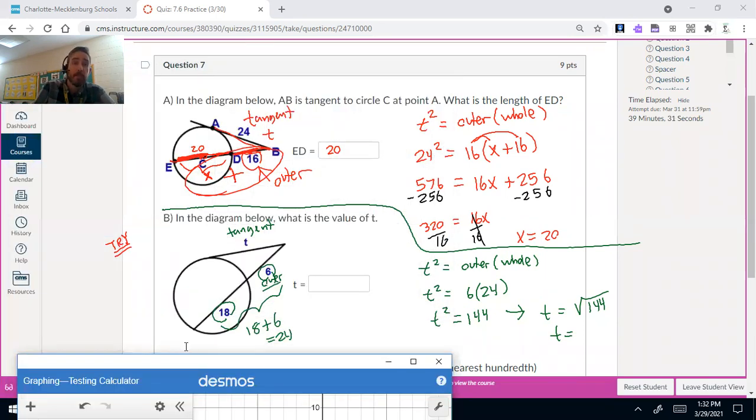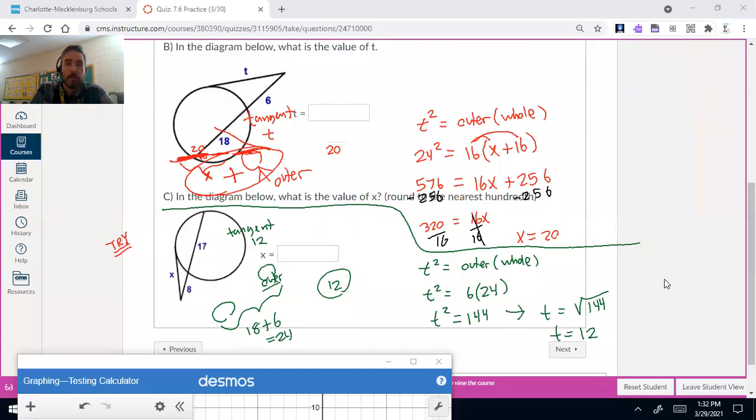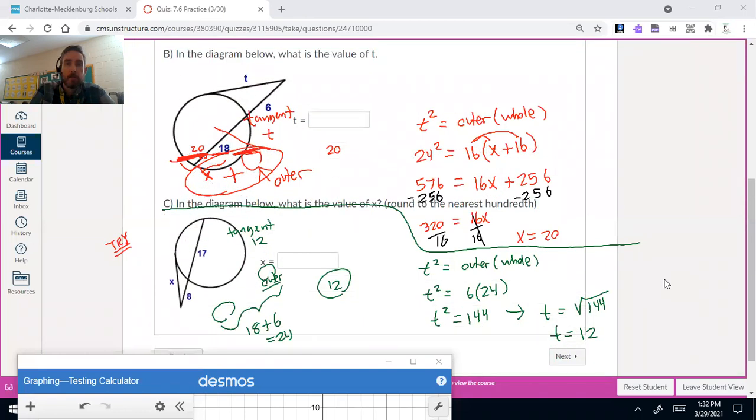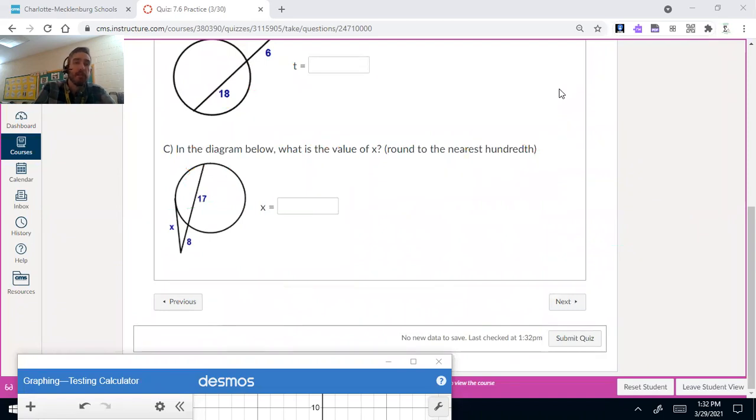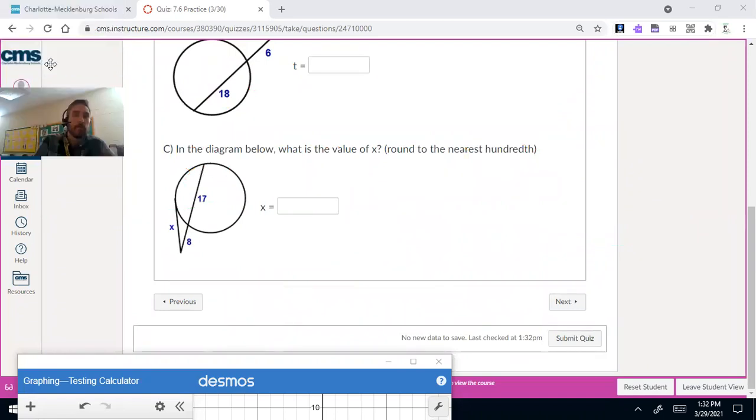So your tangent, not your outer, is 12 units long. All right, I'm about to erase this and do letter C, so write down what you need. Try letter C, please.